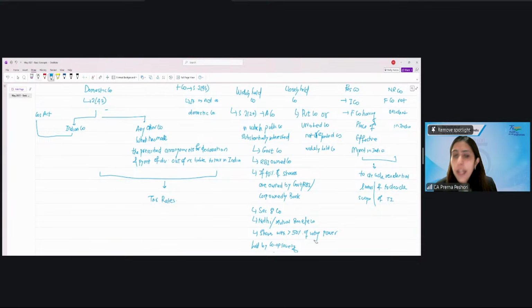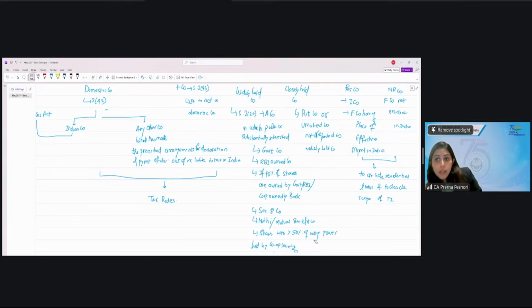So, depending on the residential status of company, you will be able to decide whether its global income is taxable in India, if it is a resident of India, or only its Indian income is taxable in India if it is a non-resident. So a resident company is an Indian company, and it can also be a foreign company, provided it has a place of effective management in India. This you are going to learn in the NR taxation class. But I'm just explaining this to show that it is important to decide my residential status.